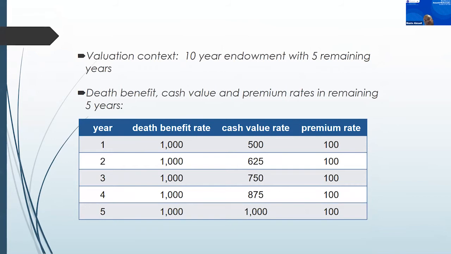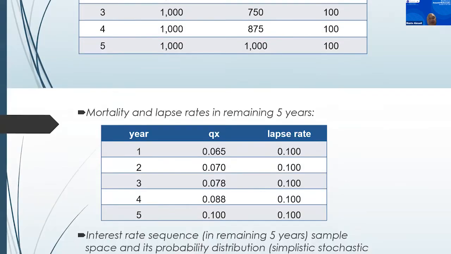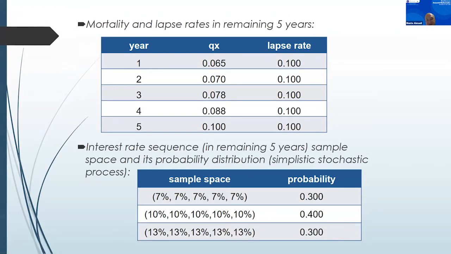And then the second sample space, let's go to the next slide, is the interest rate stochastic process. So the interest rate can be either 7% uniformly in the next 5-year period, per year, 10% or 13%. That's the second sample space we're dealing with here.